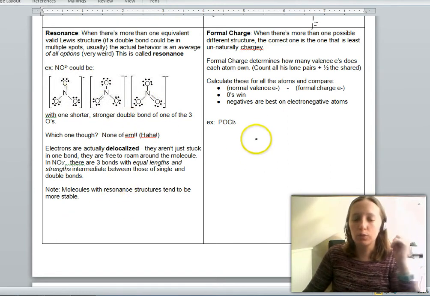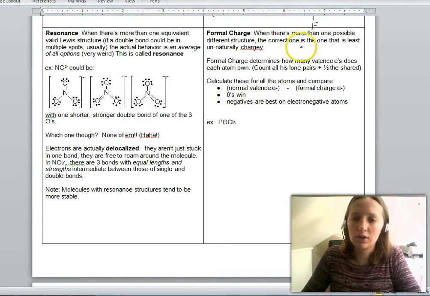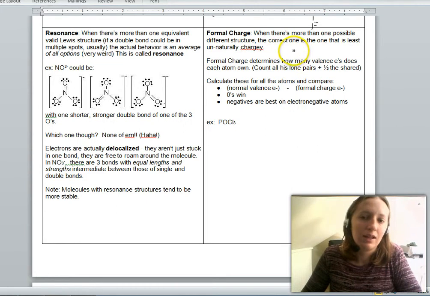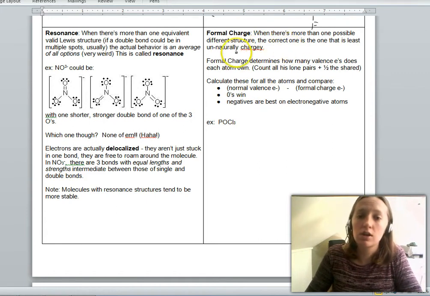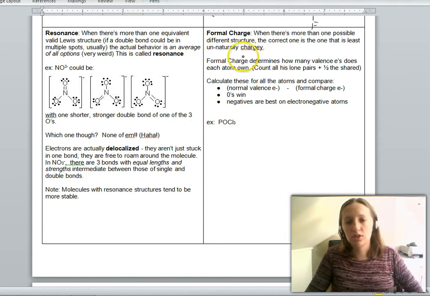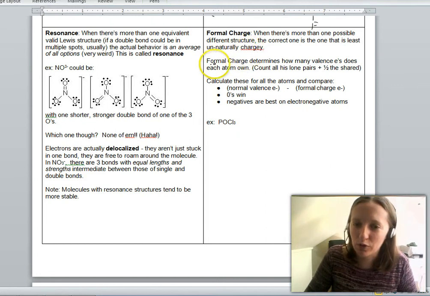And then formal charge. Sometimes what you end up with is several structures that obey the octet rule for a single molecule, and you're not really sure which one is the correct one. And the answer is the correct one is the structure with the least unnatural charge. And so by that, you have to know about formal charge.